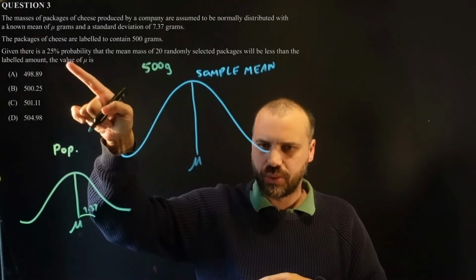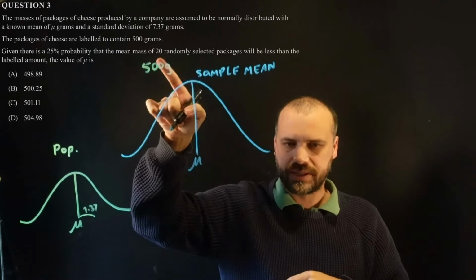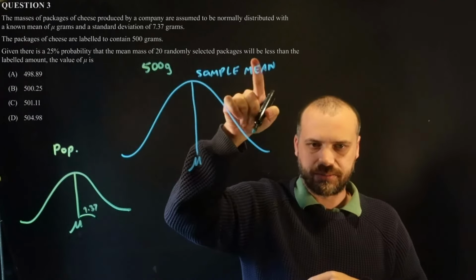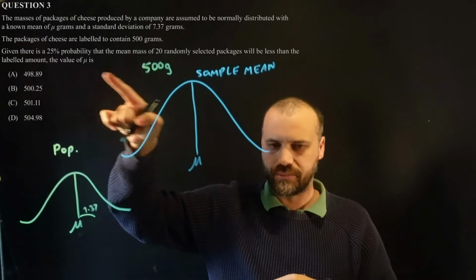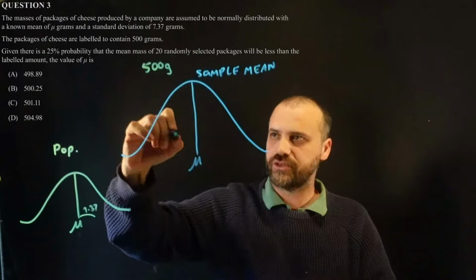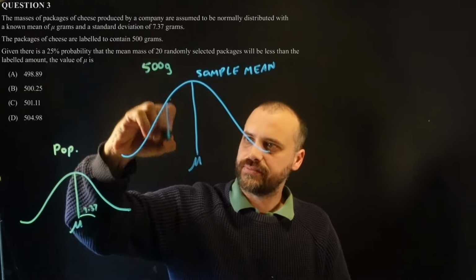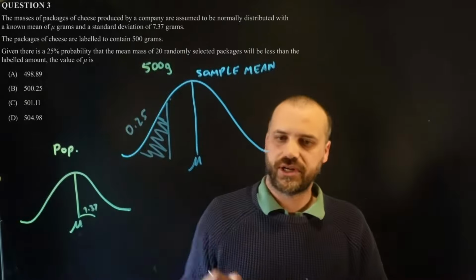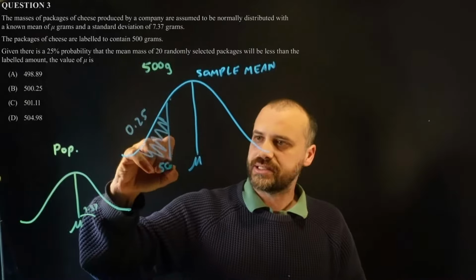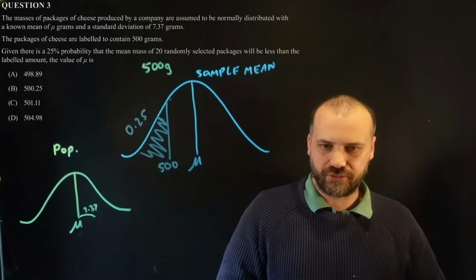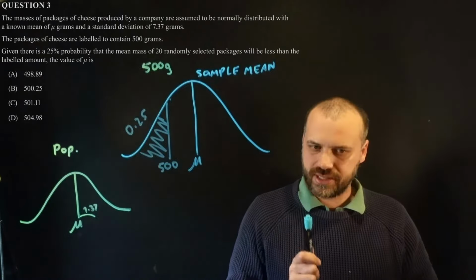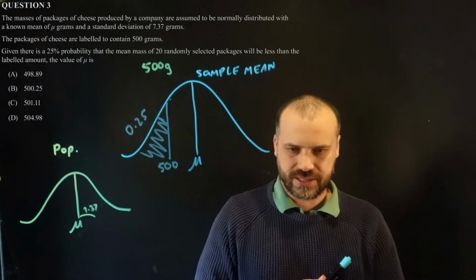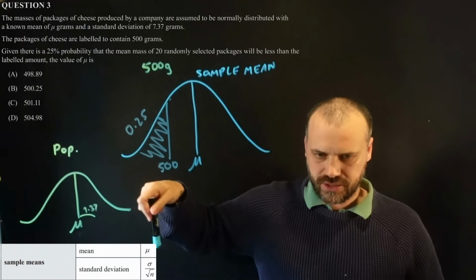Now, it says there's a 25% probability that the mean mass of 20 randomly selected packages will be less than the labeled amount. The labeled amount is 500, and it says that 25%, so 0.25, is going to be less than 500. Do I know the standard deviation? Yes, I do, as long as I remember this formula.